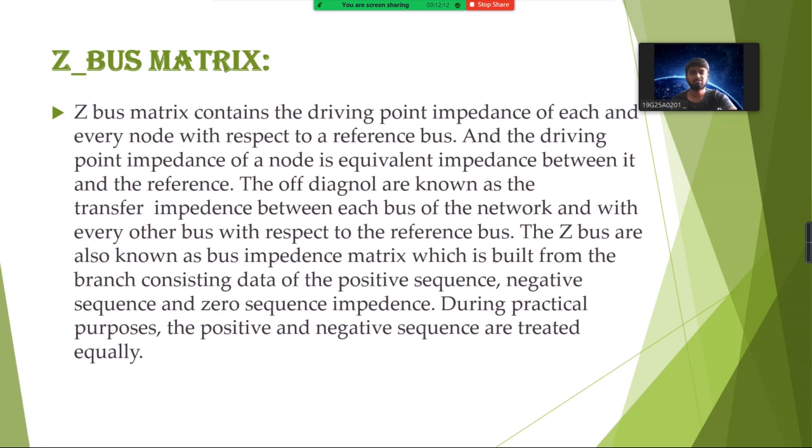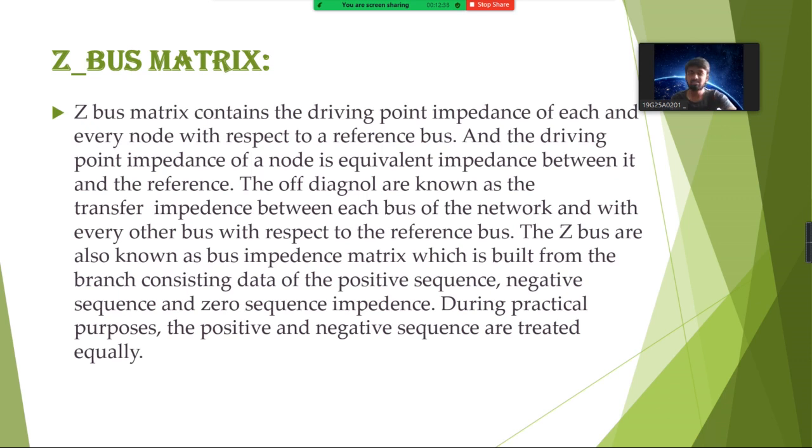For practical purposes, the positive and negative sequences are treated as equal, and we neglect the zero sequence impedances, because practically only the positive and negative sequences are useful for our formation of the Z-bus matrix.